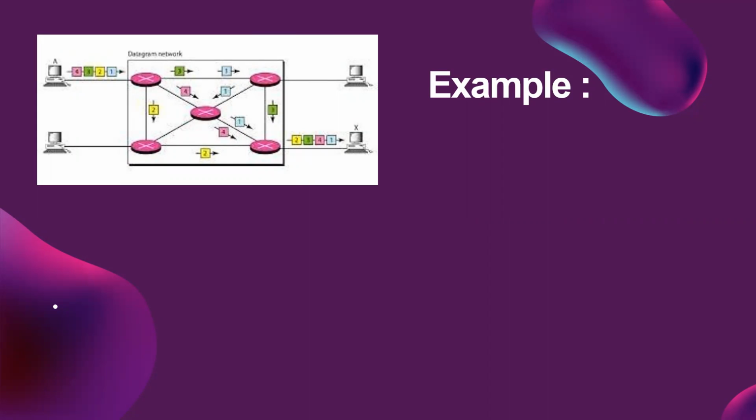In this figure we can see that A is the sender and X is the receiver. A sends the data and X receives the data. The sender sends the data, and packet one is going some way, two is going another way, three is going another way, and four is going another way.